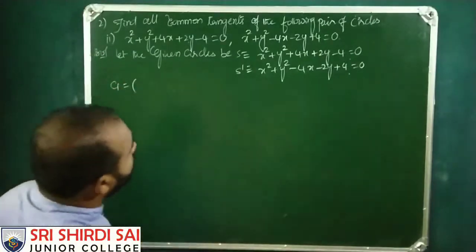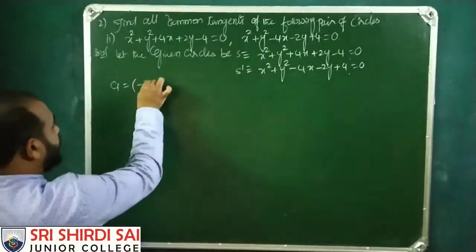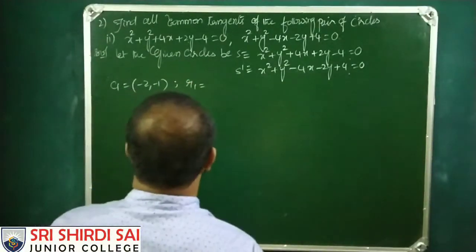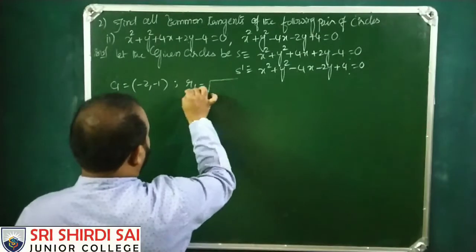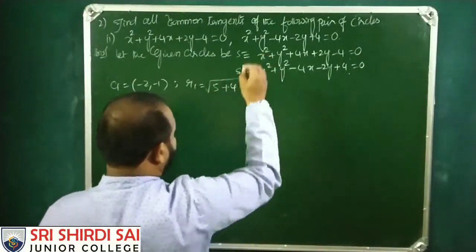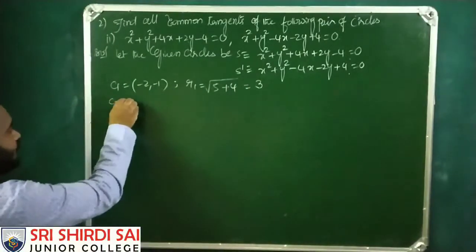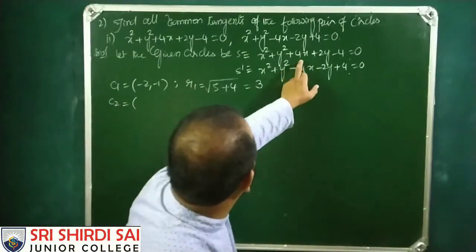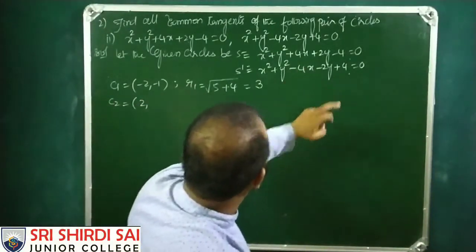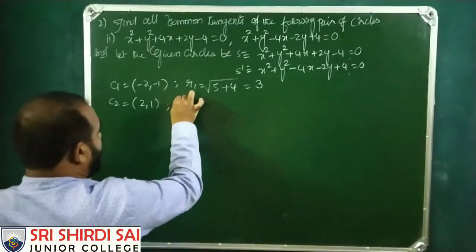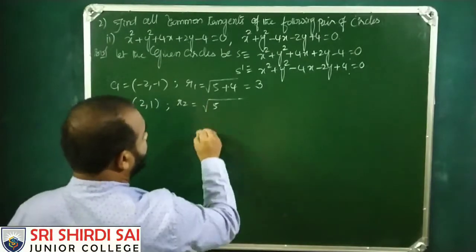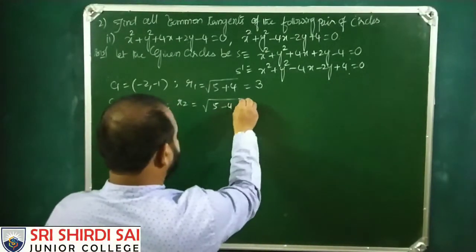C1 equals minus 2 comma minus 1. Radius R1 equals square root of 2 square plus 1 square plus 4, which is root 9, which is 3. C2 is 2 comma 1. R2 equals square root of 2 square plus 1 square minus 4, so 5 minus 4, which is 1.